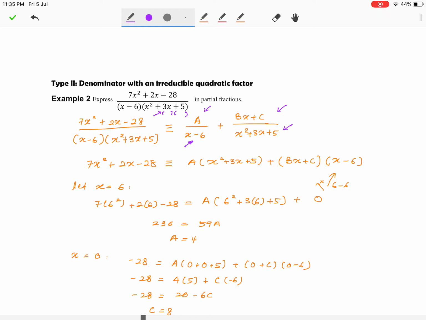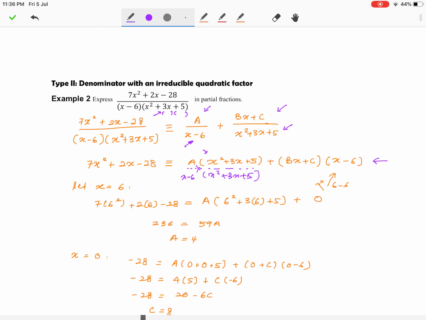So next, here I just consider the numerator part, because bear in mind that I'm assuming you understand why A is multiplied by this x squared plus 3x plus 5: to make the denominators the same. Because the denominator is the same on the right and on the left hand side, I just consider the numerator.